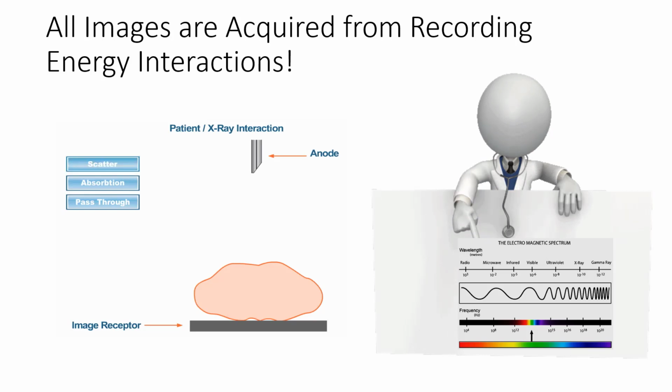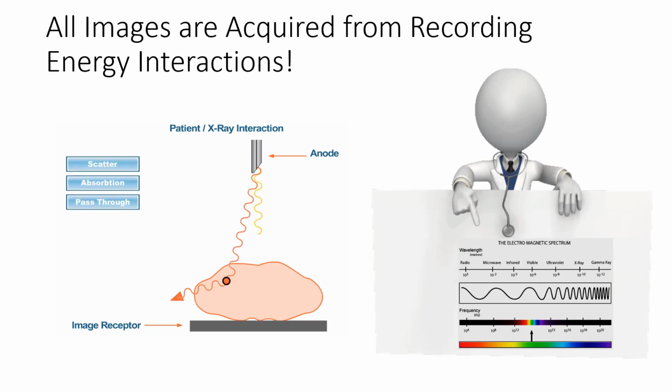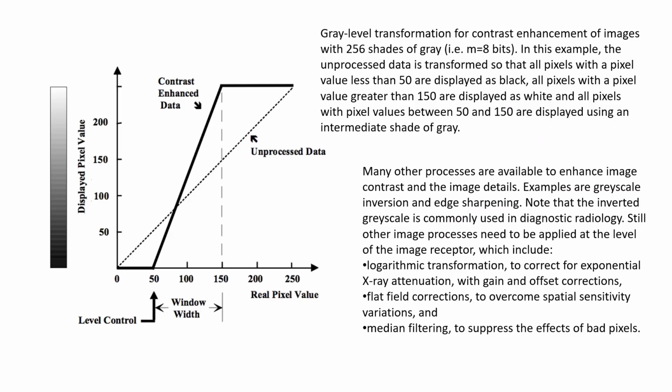All low-dose medical images are acquired from recording energy interactions. The data captured on the image receptor is a reflection of the tissue at a specific point in time. That data can be post-processed to create different types of images.